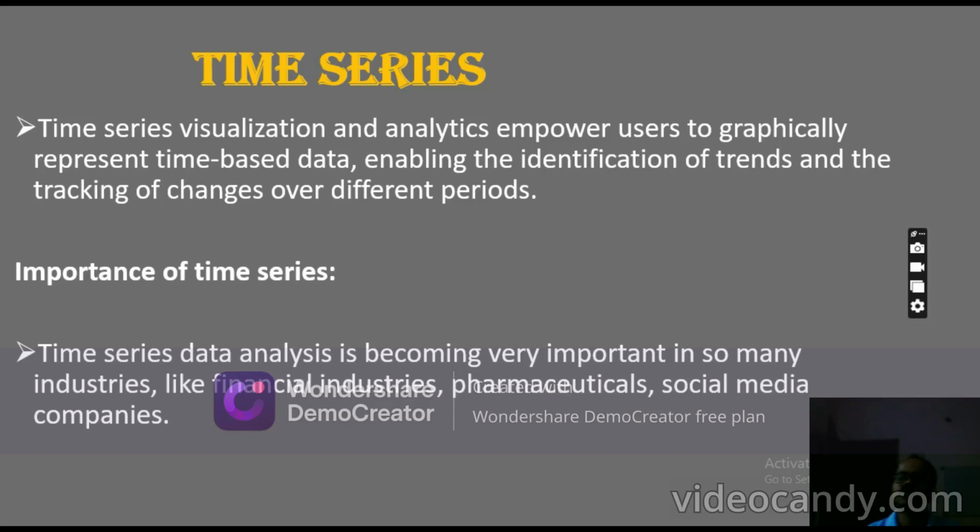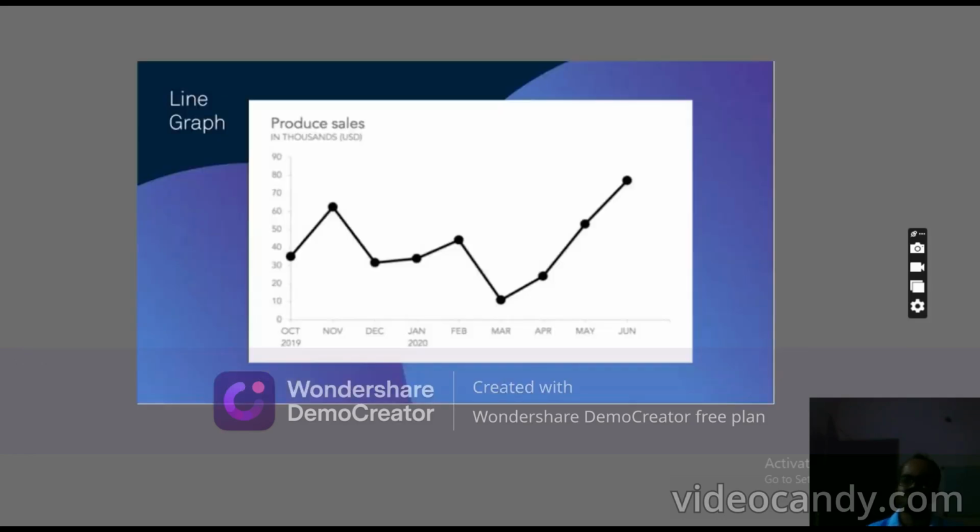For example, how many customers opened accounts in our bank this month compared to the previous month, and predicting or analyzing next month's data based on time. In pharmaceuticals, for example, if you compare the sales of medicines, in the cold season, usually December, cold medicines sell more compared to other medicines. That is called a time series analysis.